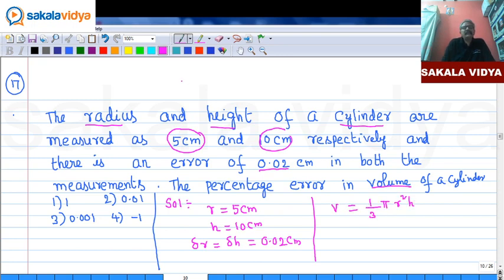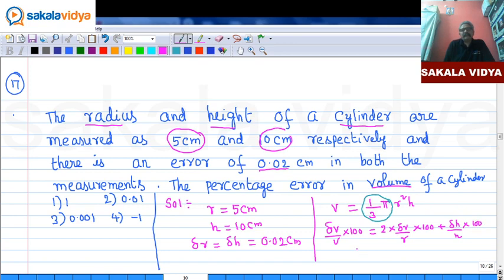Here, you remember this 1 by 3 pi is constant, that is why I apply the shortcut formula. I will tell you: delta V by V into 100 is equal to, what is the dimension of r? 2. So 2 times delta r by r into 100. Now plus, h dimension is 1, so delta h by h into 100.